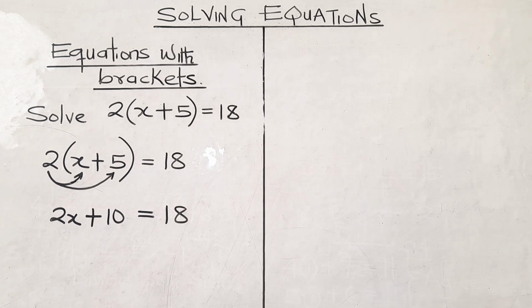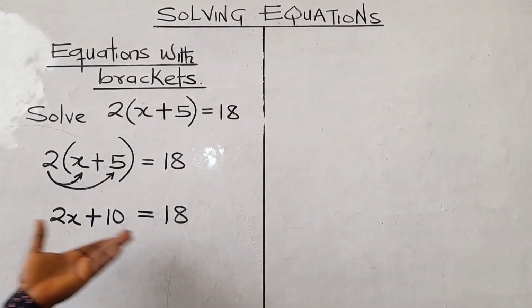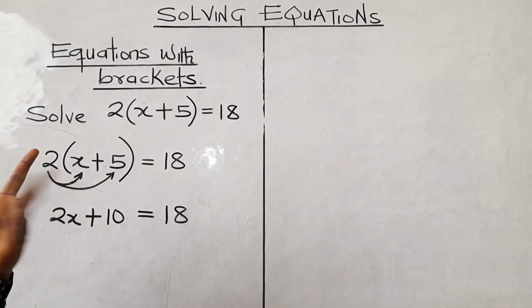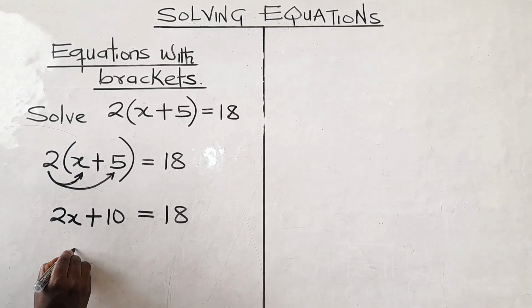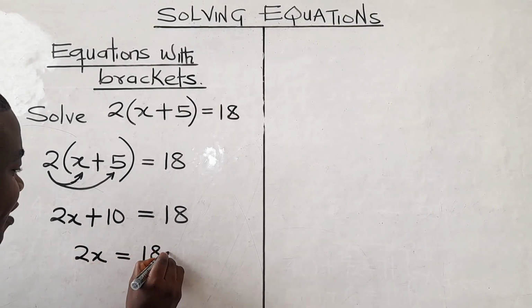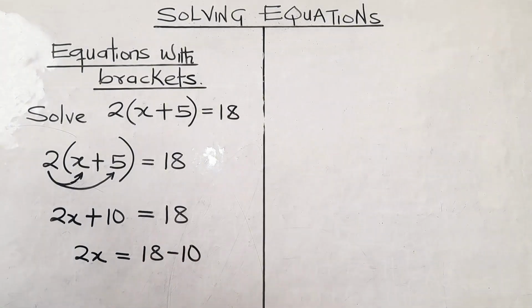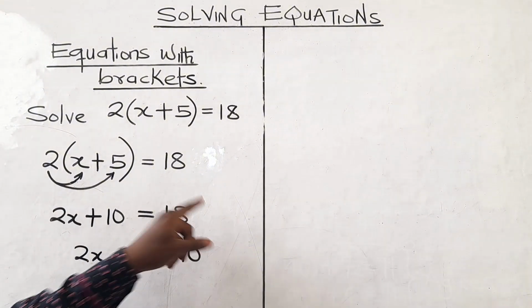The next thing now is to collect like terms, or use the additive inverse for both sides of plus 10, which is minus 10 for both sides. So we have 2x equal to 18 minus 10, because minus 10 here will just give you 0 and go out.